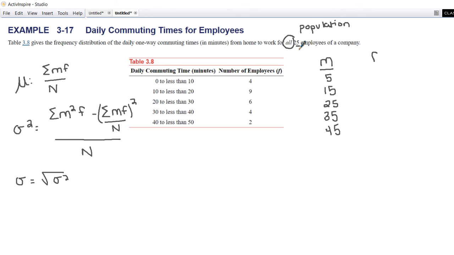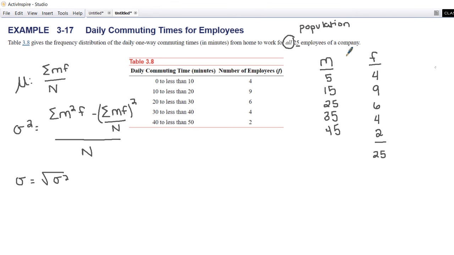So we have those. We have our frequencies, which I'm going to write over here so they're even: 4, 9, 6, 4, and 2. The sum of our frequencies is 25. Sorry, we need to find our midpoints squared.